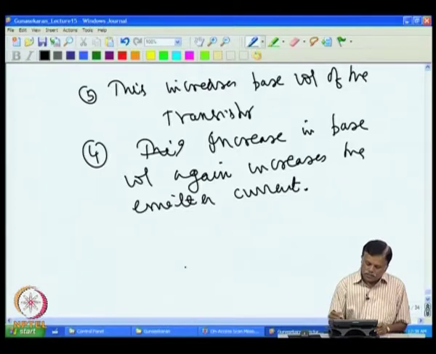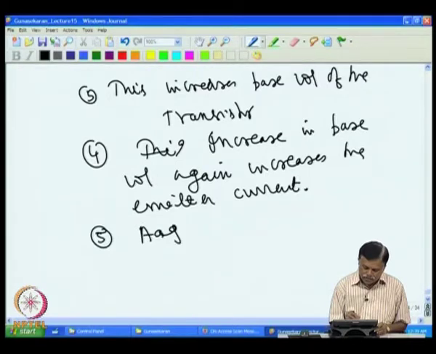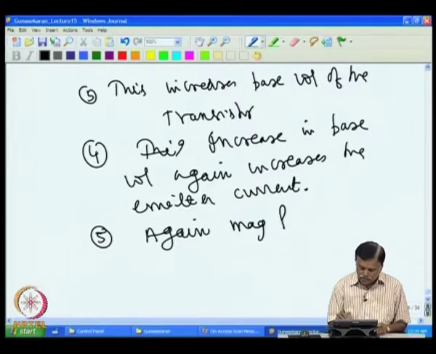Once the emitter current increases, the magnetic field again increases in the primary.